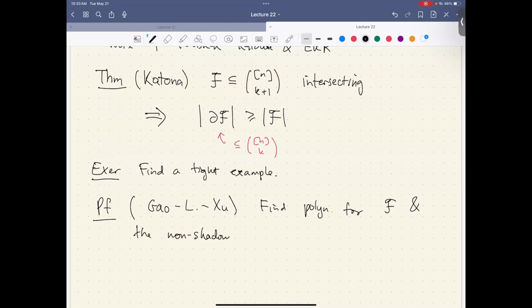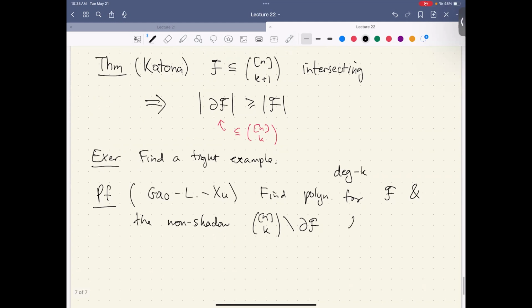So what is non-shadow? Non-shadow, let me use a symbol, means all the k sets that are not a shadow of F. This is the non-shadow. Such that together, these degree k polynomials are linearly independent.